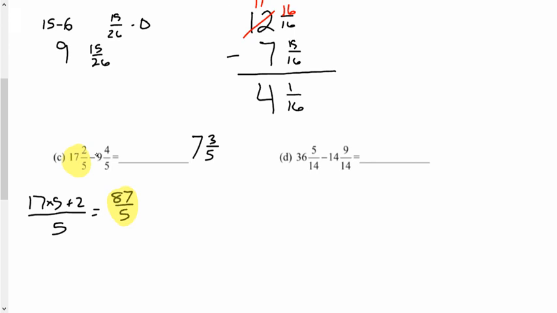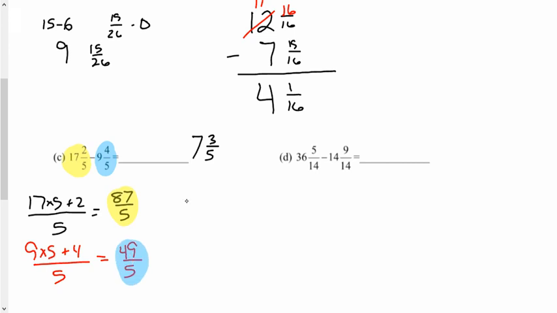And then for the other one, I've got 9 and 4/5. So I'm going to do 9 times 5 plus 4, and that will also be over 5 because of our denominator. So that's 45 plus 4 makes 49/5.